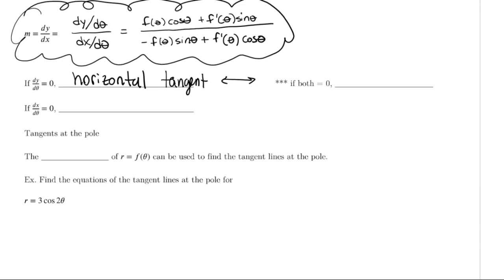And if dx d theta equals 0, that is going to give us our vertical tangent. And if you think about that in our dy dx, that means the denominator is equal to 0, which means we have undefined slope for our tangent line. And then finally, if both are equal to 0, we can't tell. So keep that in mind, because what is 0 over 0?